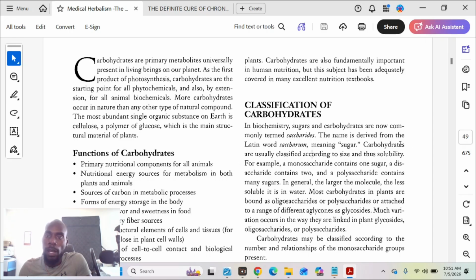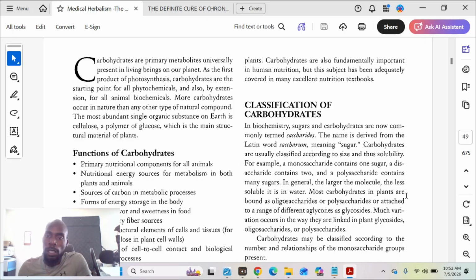The name is derived from the Latin word saccharine, meaning sugar. Carbohydrates are usually classified according to size and thus solubility. For example, a monosaccharide contains one sugar, a disaccharide contains two sugar, and a polysaccharide contains many sugars. In general, the larger the molecule, the less soluble it is in water. Basically, what I was just explaining.